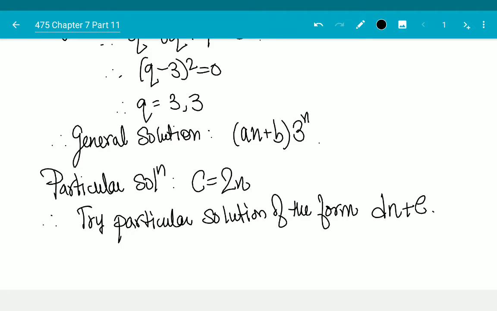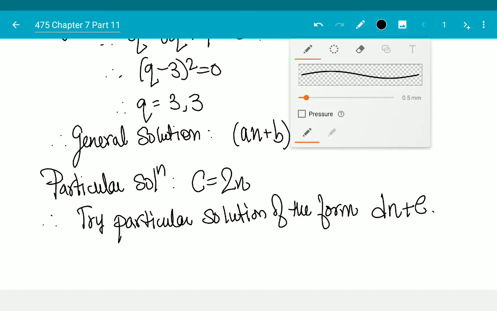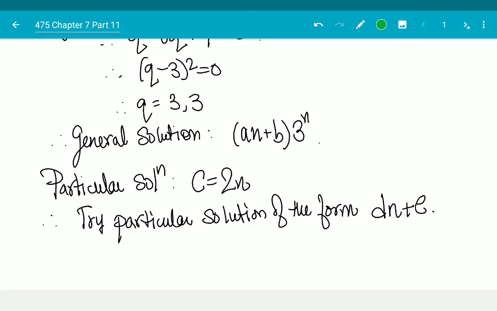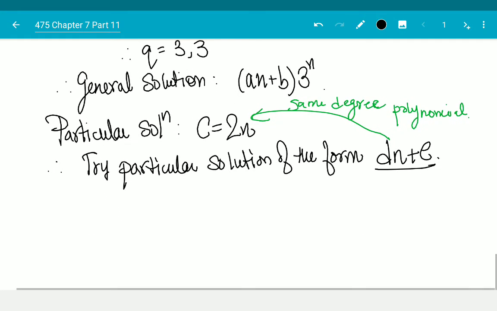Basically if this is a polynomial, same degree polynomial. 2n is a degree 1 polynomial. Sure, you don't have 2n plus 2 or something, but it is a degree 1 polynomial, so you look for solutions of the form degree 1 polynomial. Even if it was like 2n plus 3, you would be trying for solutions of the form dn plus e.